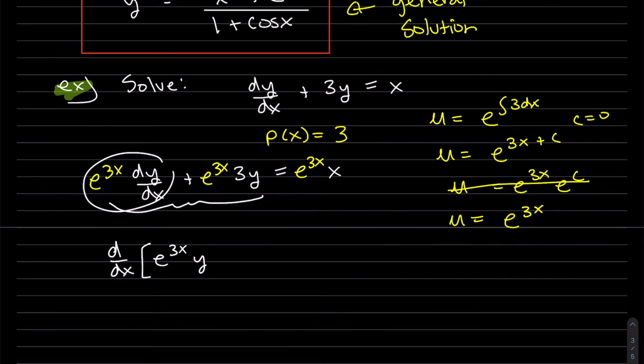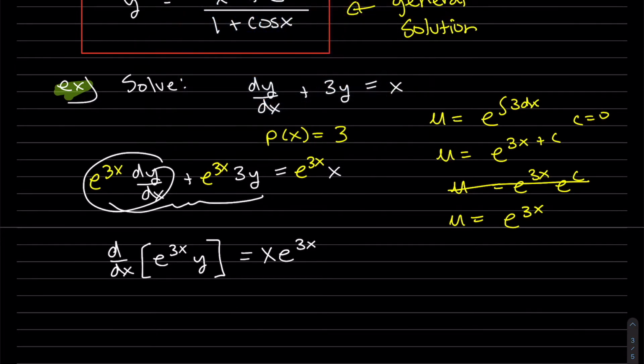Again, I always like to look at this, and it's not dy, that's the product rule part of it, so it's just y times that. So you can always look at your first term to remember that. Equals e to the 3x times x. I'll put the x in the front, looks prettier.